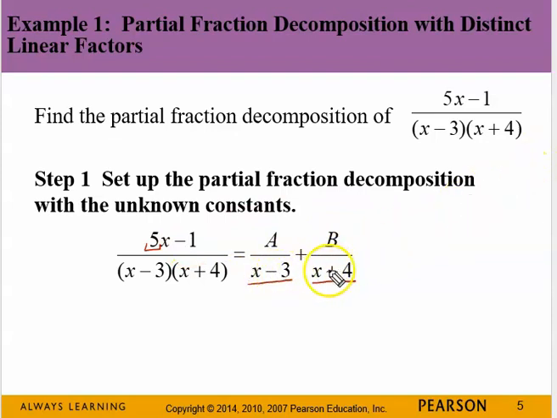Now, if we were going to add these together, we would have to have a common denominator, which would be these. But since we are decomposing this, we're going to reverse this process. And let's see what that looks like in the next slide.